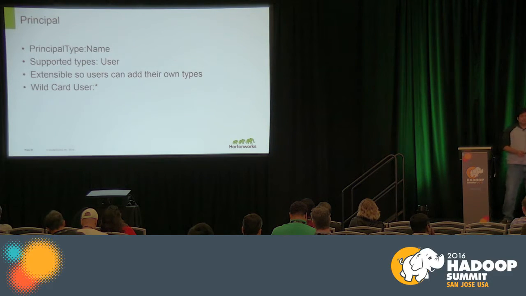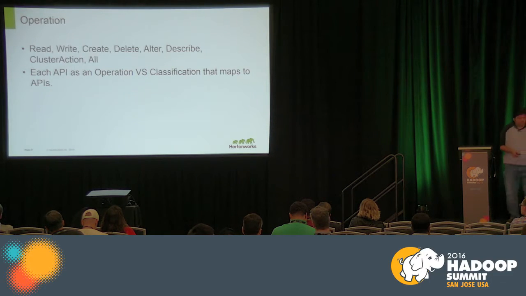There is a wildcard user, so if you have a topic that you want to keep open, or let's say you are running Kafka in a mode where you have a secure channel and an unsecure channel, then you can say this topic can be accessed from any user, and you can just specify a star there.